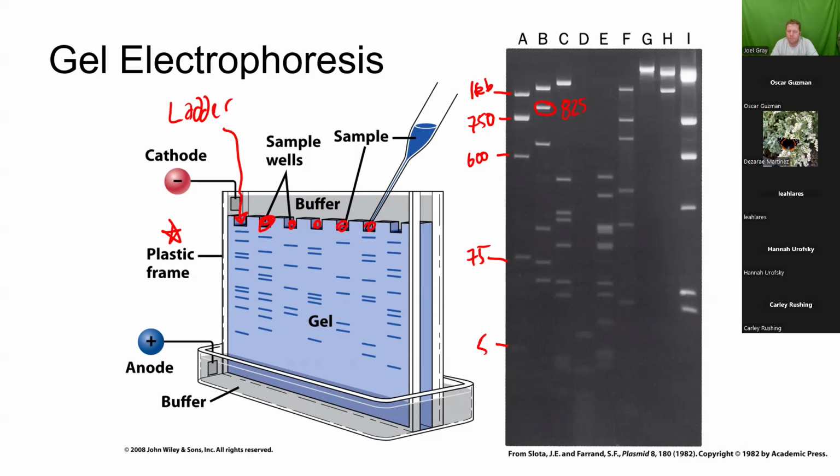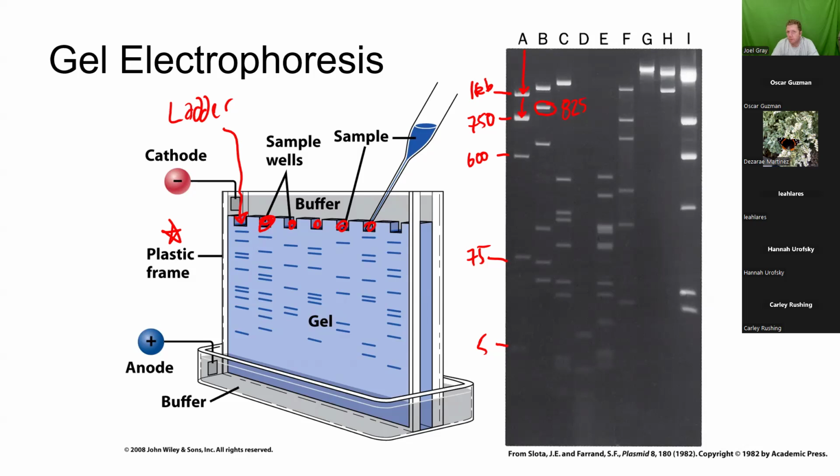Now, if you take a molecular biology class, you will make the concrete analysis where you will measure the precise distance from here to here. And you'll say this migrated 16.4 millimeters. This migrated 22.4 millimeters.